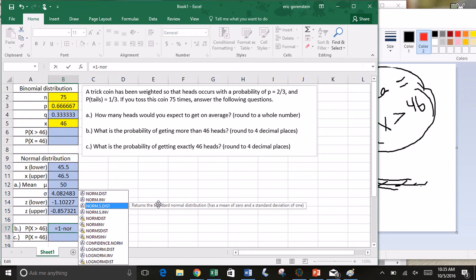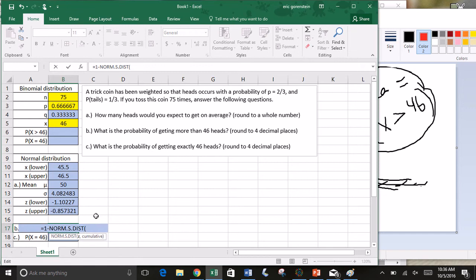So it returns the standard normal distribution. So that's for z-scores. So it's asking me for the z-score, which is this location. And then cumulative true or false, basically yes or no. For continuous distributions, we always, 100% of the time, use the cumulative function.